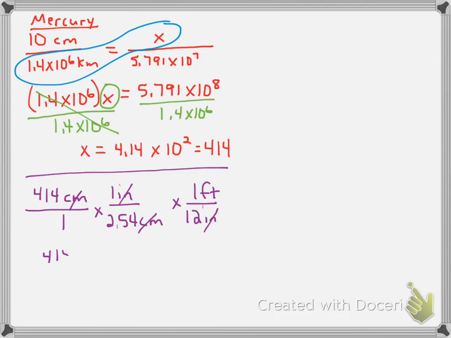So we have 414 over, what's 2.54 times 12? 30.48. Okay. And divide that out.